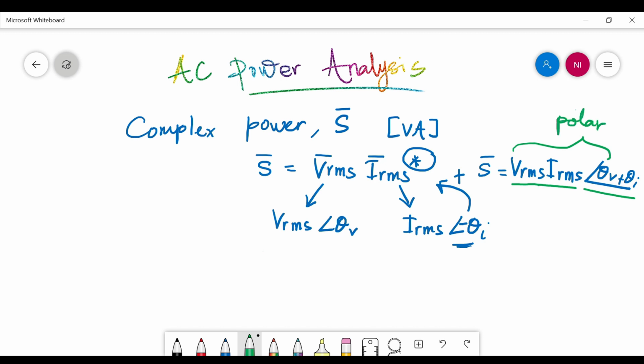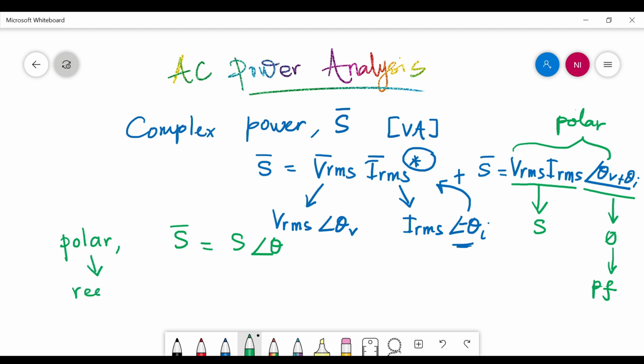If you still remember, Vrms Irms is apparent power, and from this theta you can get power factor, because power factor is cos theta. So in polar form, complex power equals apparent power and theta.